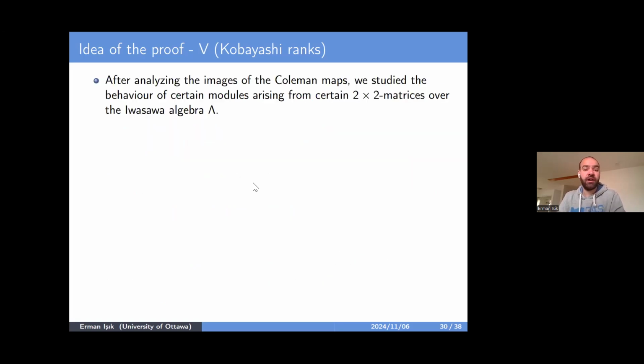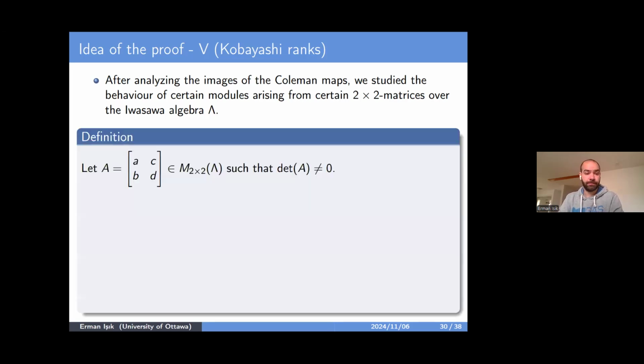So these are the types of projective systems he encountered, but in our case, we encountered certain Iwasawa modules, certain modules arising from 2x2 matrices. So we need to be able to calculate the Kobayashi rank of these kinds of projective systems. Let me explain what I mean.